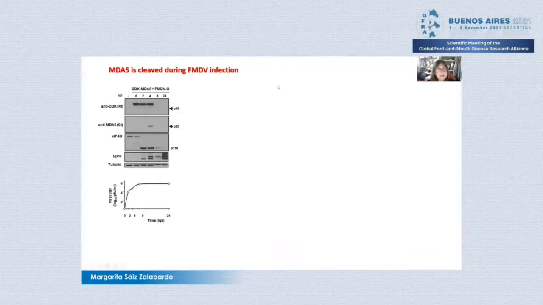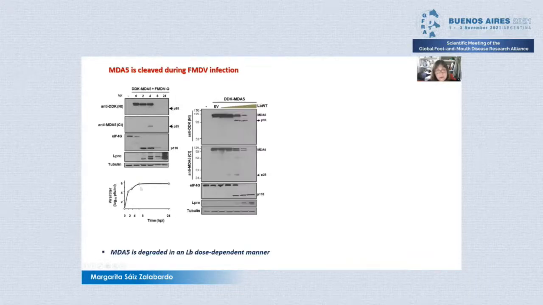However, when we analyzed the effect on MDA5, we clearly observed two N- and C-terminal cleavage fragments during infection, and also MDA5 degradation in an Lb dose-dependent manner when we co-expressed it with increasing amounts of the catalytically active Lb proteins.